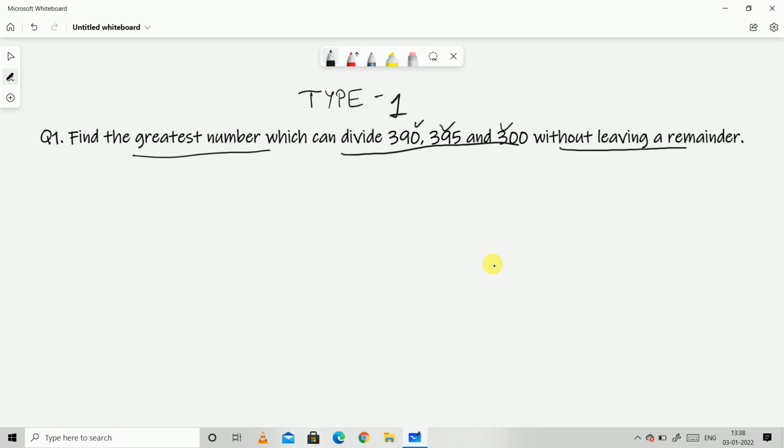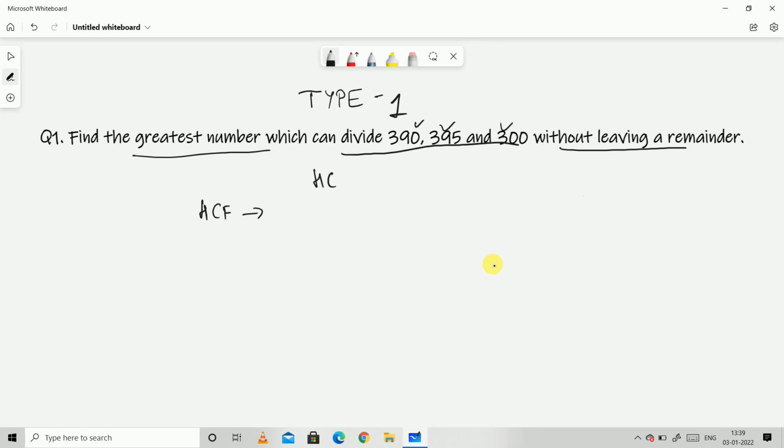So the greatest number which is a common factor of all the given numbers is nothing but the HCF of the numbers, isn't it? The highest common factor, that is the definition of HCF. It is the greatest common factor which can divide all the numbers of whose HCF it is.